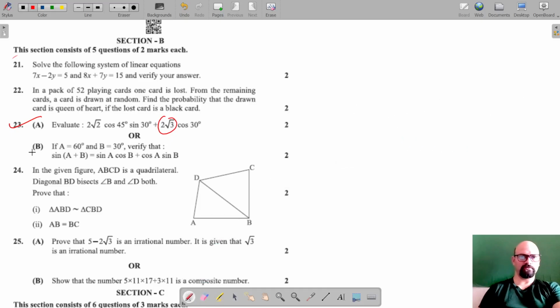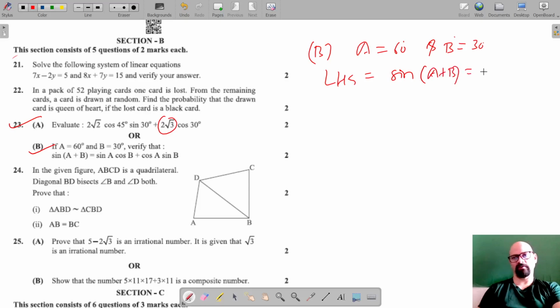Moving on to part B of the same question, we have to verify that LHS is equal to RHS, where angle A and angle B are given. Let's consider LHS, which is sine of A plus B. So sine of A plus B is sine of 60 plus 30, which is sine 90. Now let's consider RHS.